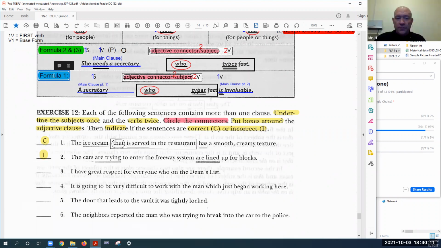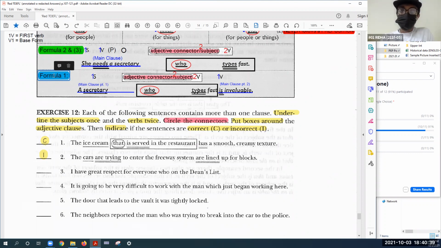Let's remember, what are the 3 positions of a noun in a sentence? Position 1 is the subject. So Formula 1 has the subject, and the clause describes the subject. What's the second position?